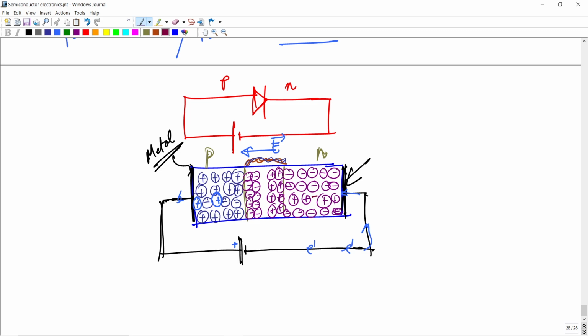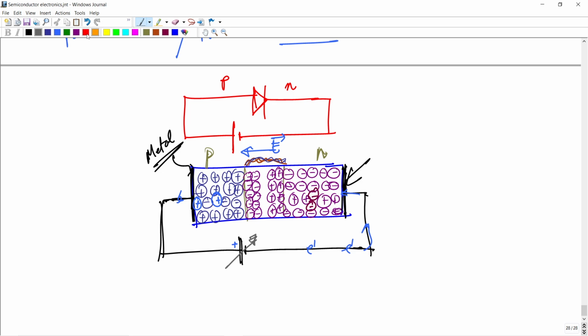Due to that configuration, the concentration gradient for majority carriers on both sides is more. Obviously this battery is variable, so the concentration gradient is more, so more diffusion.